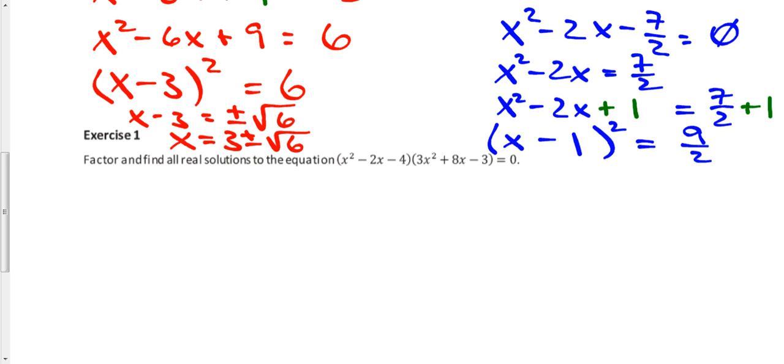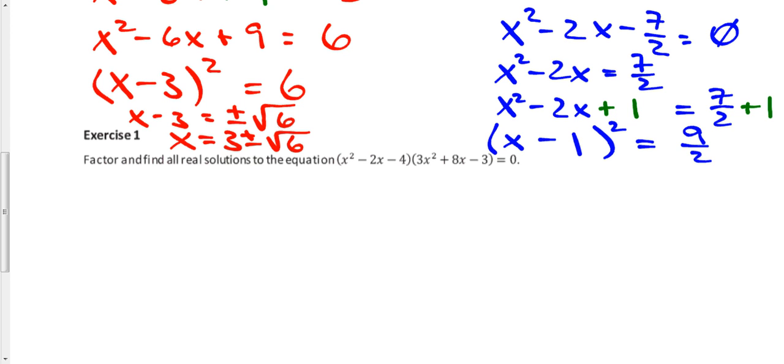7 halves plus 1. How many halves are in 1? So 7 halves plus 2 halves. 7 plus 2 is 9. 9 halves, right? Now, I got x minus 1, all squared equals 9 halves.